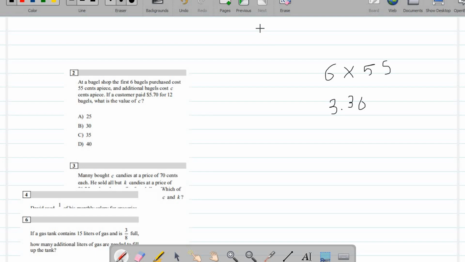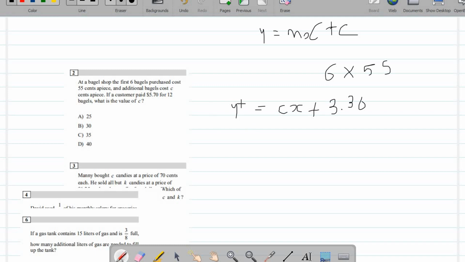Now remember, this is also partial variation, y equal to mx plus c. For the first 6, it is the constant, 6 times 55. That's 3.30. Then for any additional one, we have c times the certain number of pieces that we want to buy. So that will be our cost.